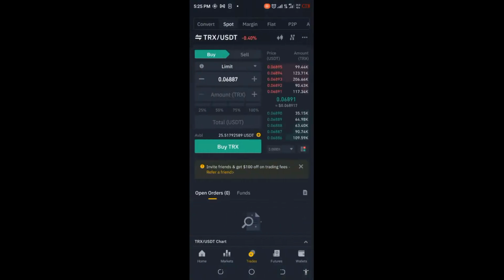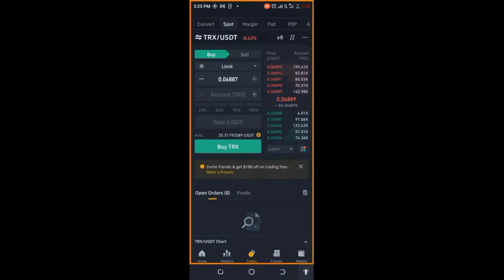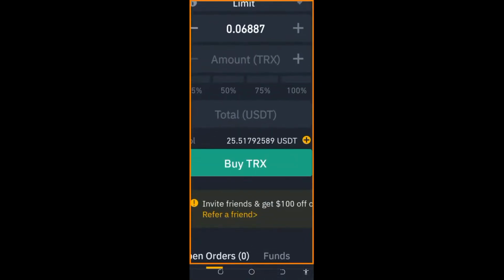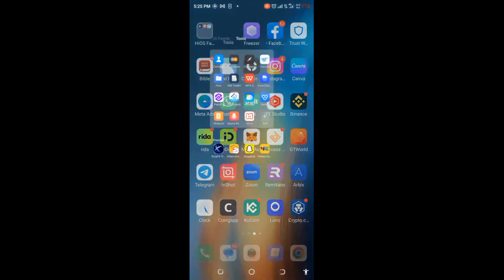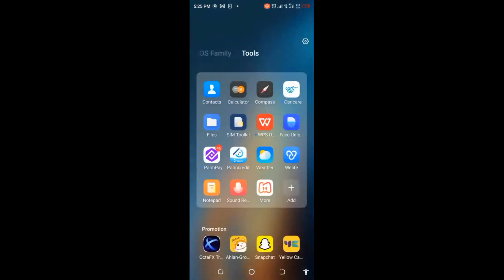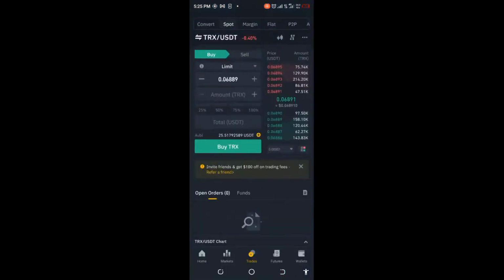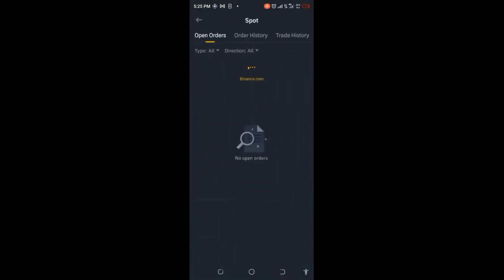The reason being, like I told you, 2 things happened. I had to send it down and change it to TRX, and then I also had to send it down and change it again here. Those were the 2 things that made us lose a little bit of money. But all the same, let's look at the trade history so that we'll be able to get everything fully.